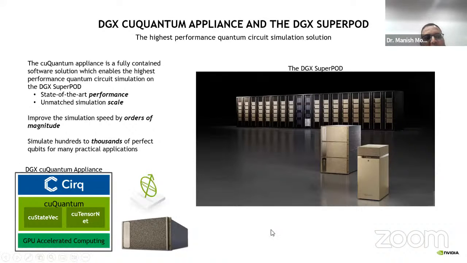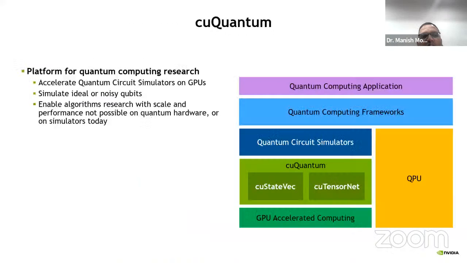How the structure looks: we have two algorithms accelerated inside cuQuantum, cuStateVec and cuTensorNet. Both are accelerated. Then we have Cirq, which is a common framework, and with that you will experience the accelerated performance.